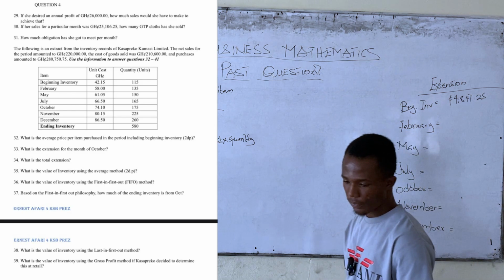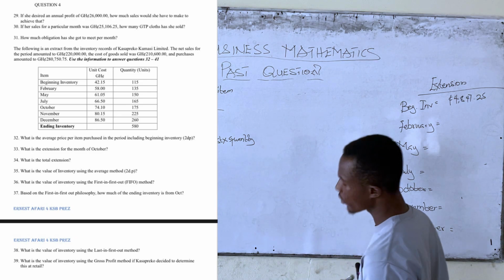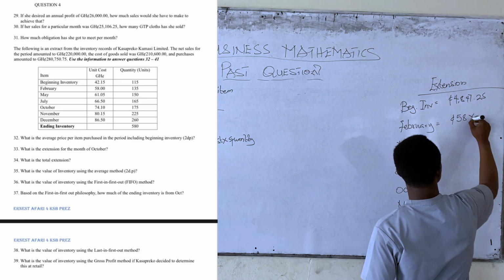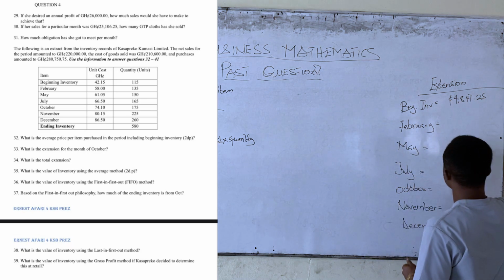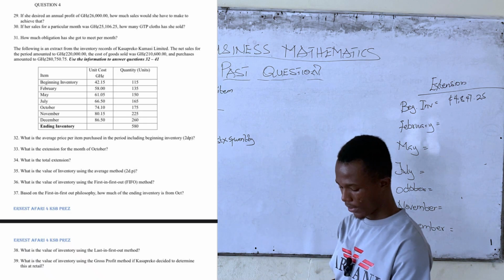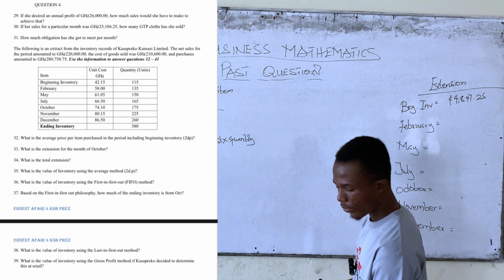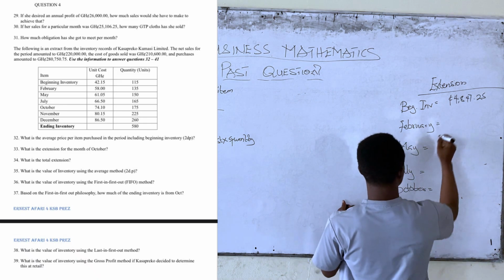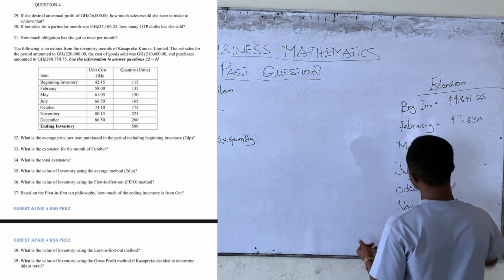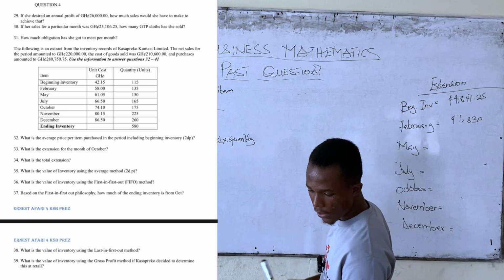Then for February, we have 58 times 135 as the quantity, and that is giving us 7,830.